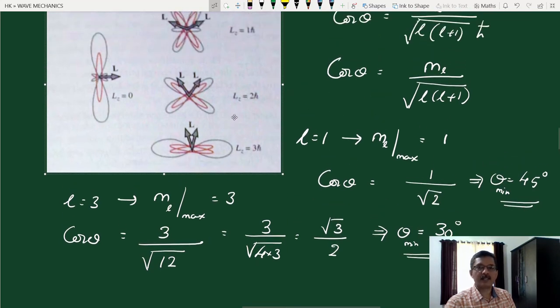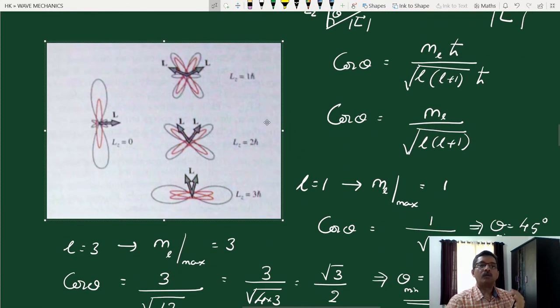So you can see that as the magnitude of the orbital angular momentum vector increases, the direction of the angular momentum vector comes closer and closer, more parallel, to the z-axis. When ml value increases, the orbit will become more flattened along the xy plane. The probability density will be mostly along the xy plane.